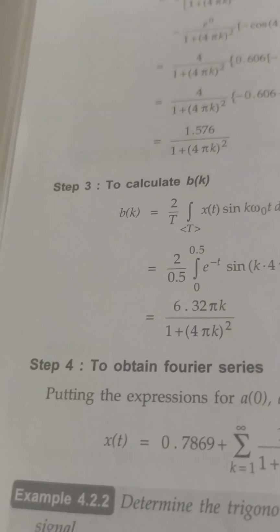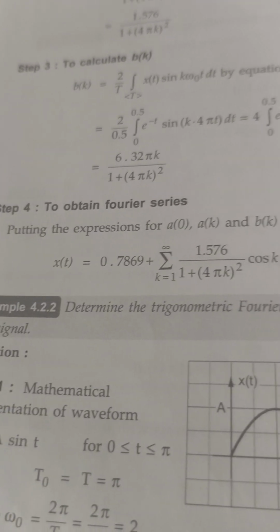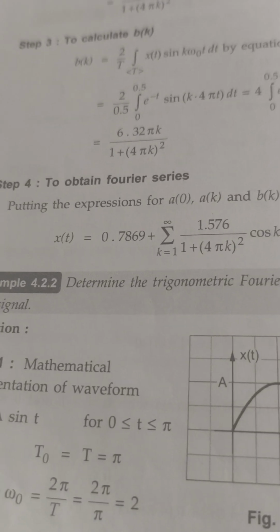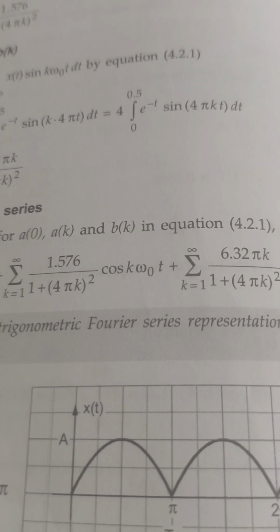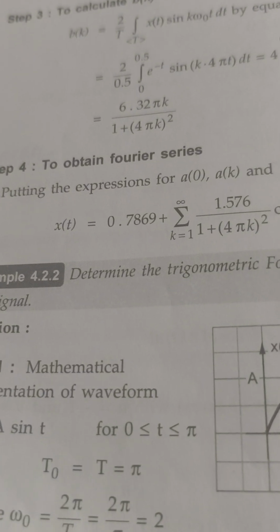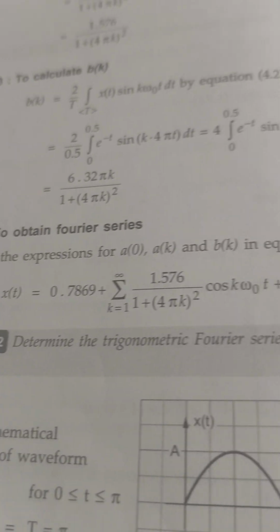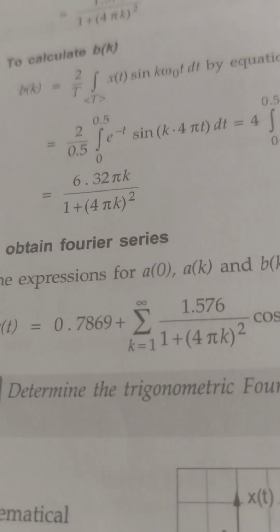Then only we obtain the Fourier series of signal x of t. Then place the values of a of 0, a of k, b of k in this equation. We get the Fourier series of x of t using the concept of trigonometric Fourier series. Then the same equation, same figure, is what you see here.